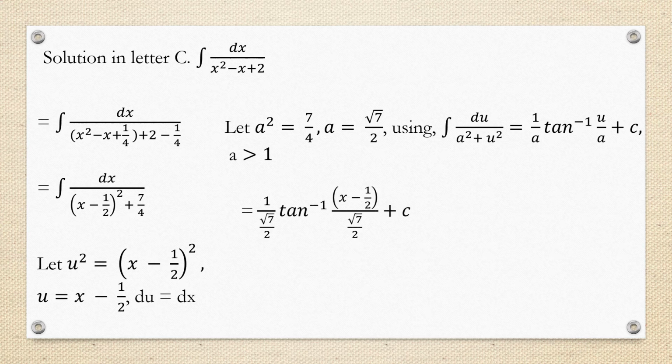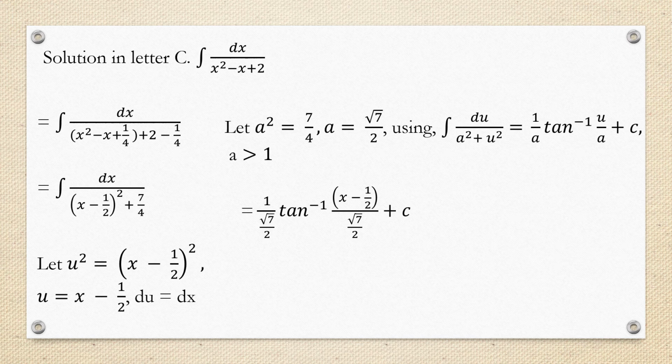From that, we found this expression: 1 over square root of 7 over 2, because we have 1 over a, and we know that the value of a is square root of 7 over 2. Then tan inverse of the quantity x minus 1/2, which is our value of u, over our a, square root of 7 over 2, plus c.